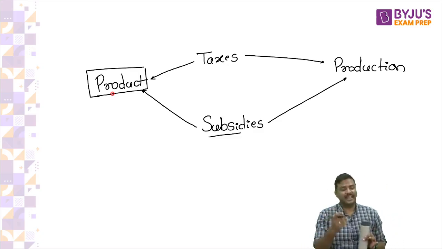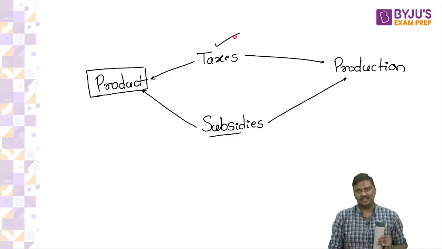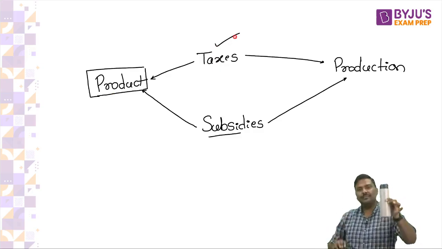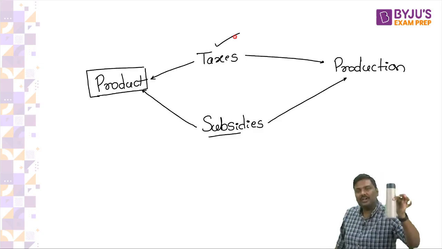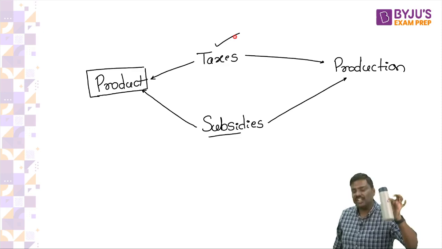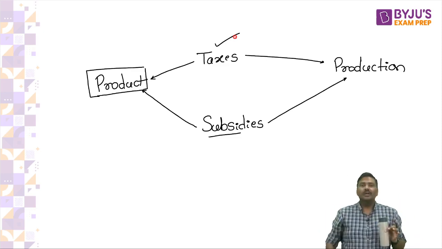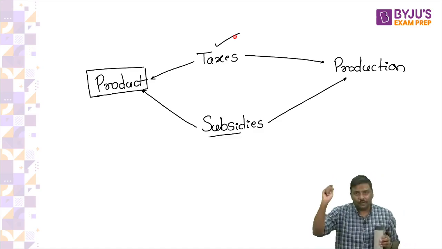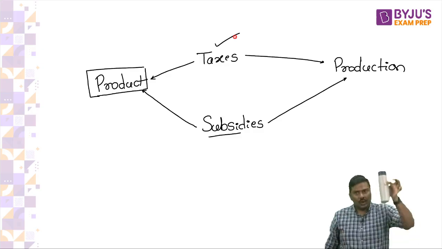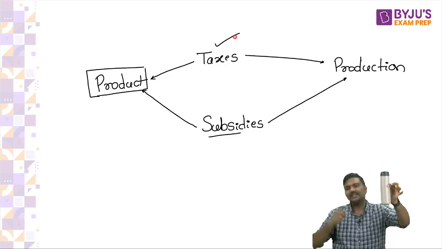Sir, what is the example of a product tax? I'll give you the same example. Imagine you are selling this bottle. For every bottle, the government will impose a tax of 20 rupees. So one bottle, 20 rupee tax.